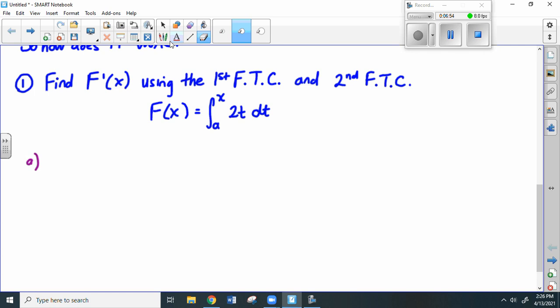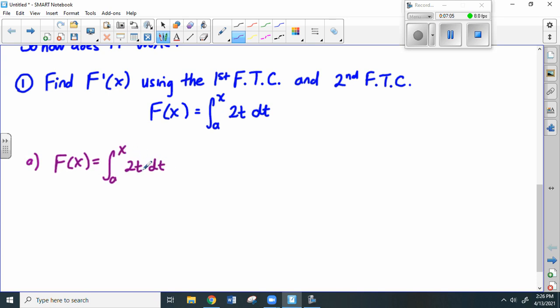Let me write down the whole thing. F of x equals the integral. You would have to actually integrate first because you need an answer for this, and then you can take the derivative of it.